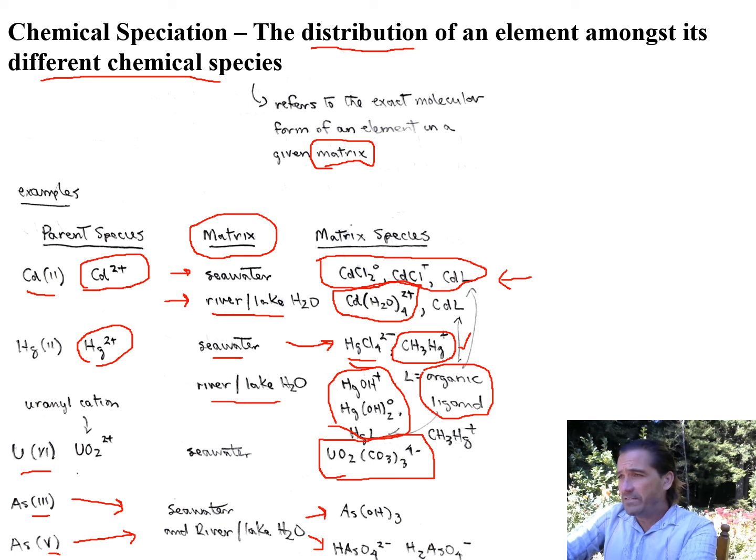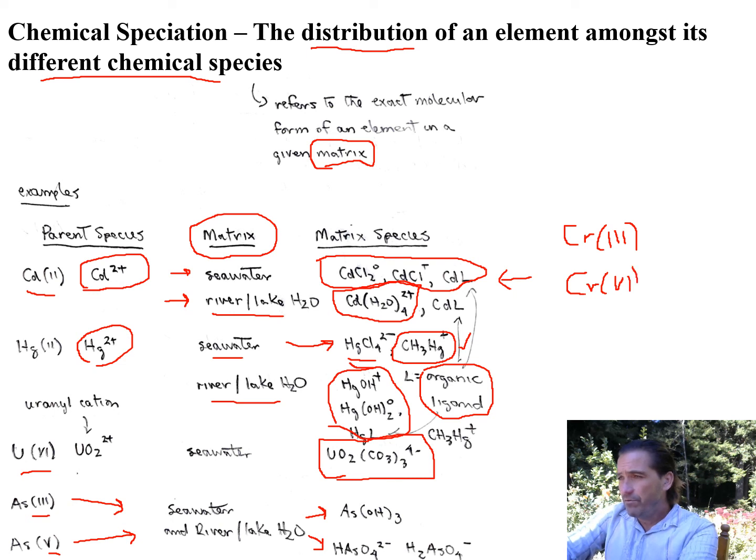So one last example I'll leave you with is something like chromium, where chromium-3 is an actual micronutrient to many organisms, while chromium-6 is actually a carcinogen.